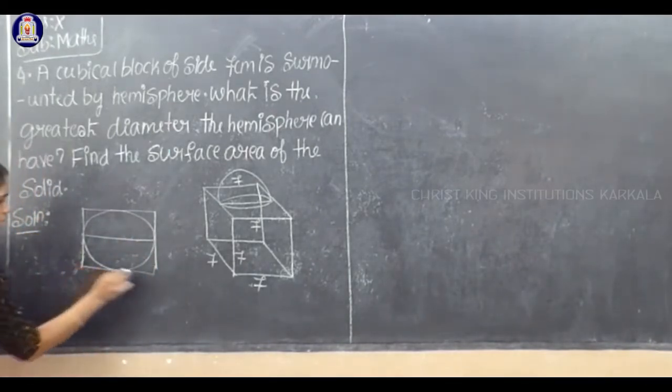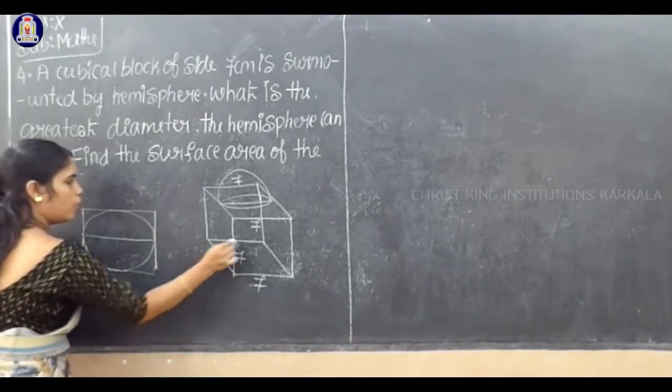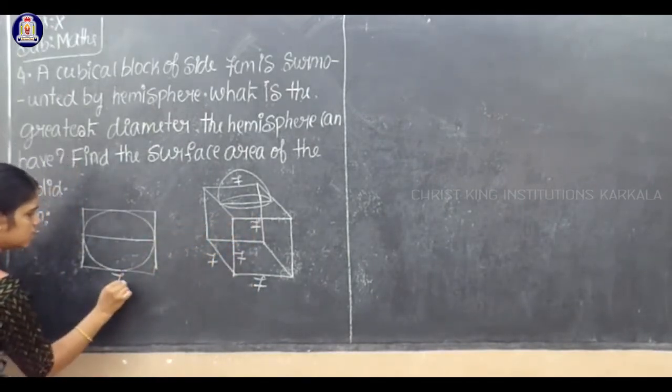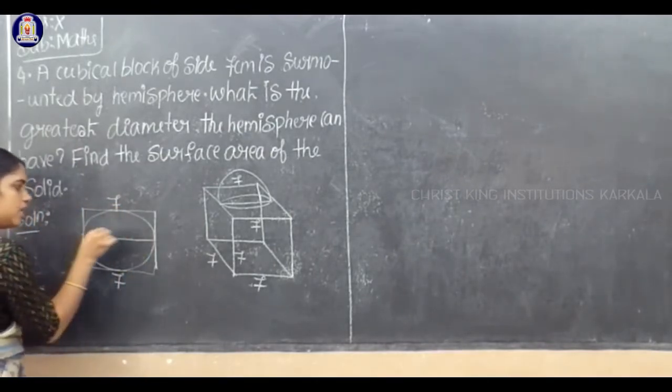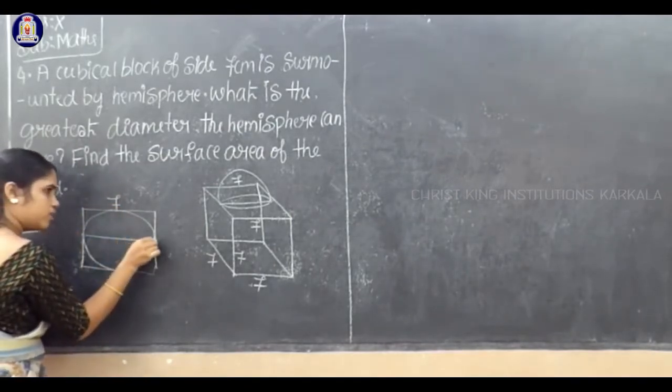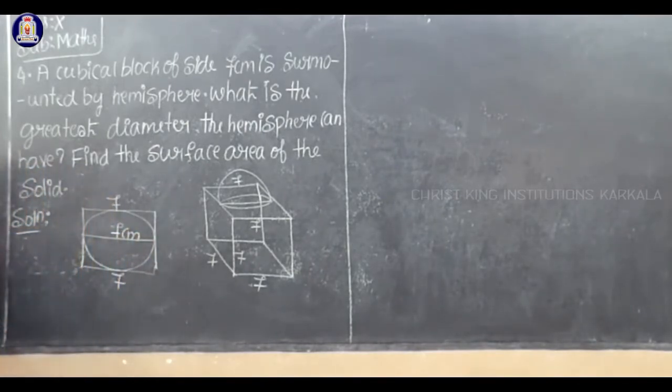This is nothing but the edge of the cube. The edge of the cube, how much? All are 7. So this is 7. Therefore, what will be the greatest diameter of the hemisphere? That is 7 centimeter. Understood now?